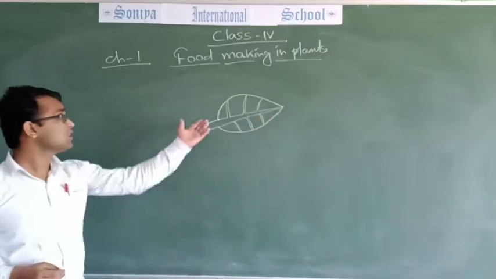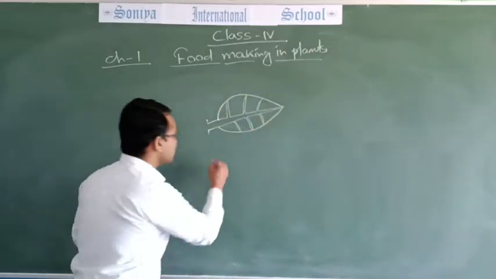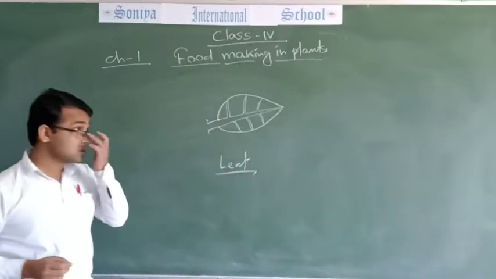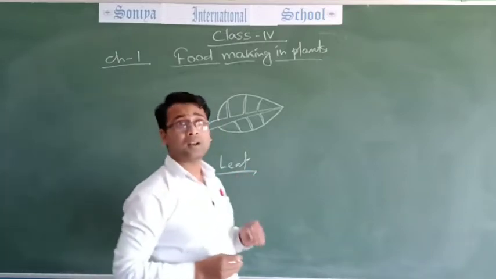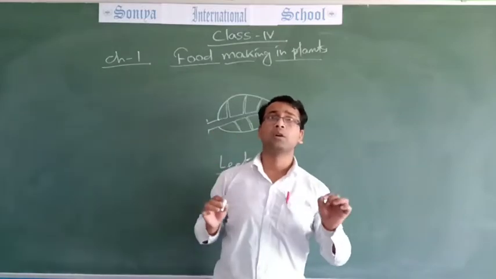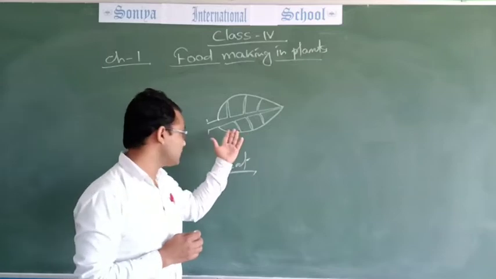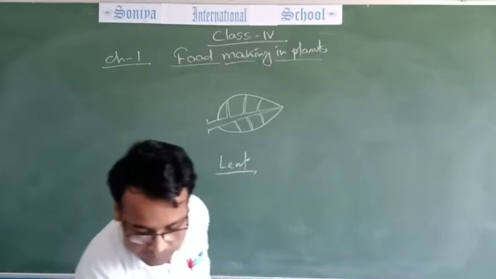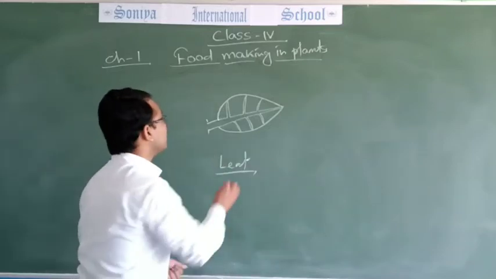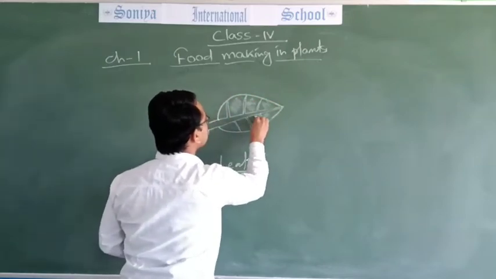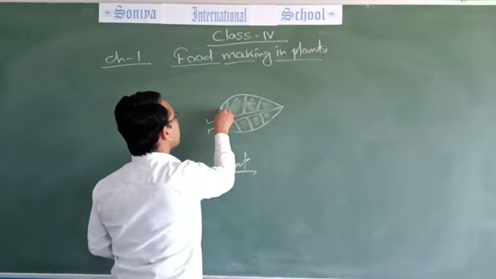It is a leaf. Leaves are flat, broad and colorful. Which color is this? Green color. Is that clear? Yes.